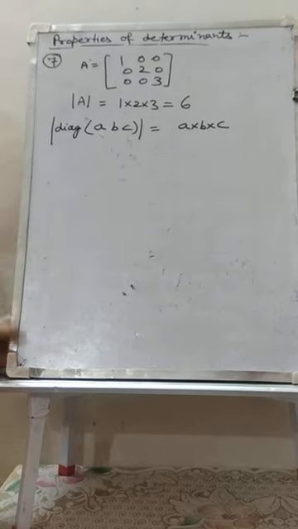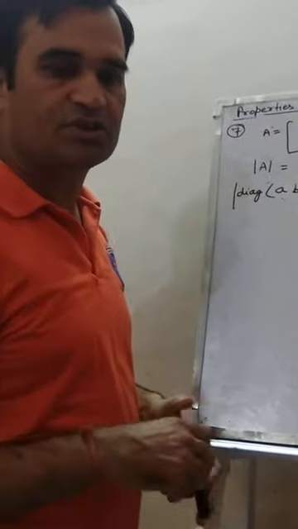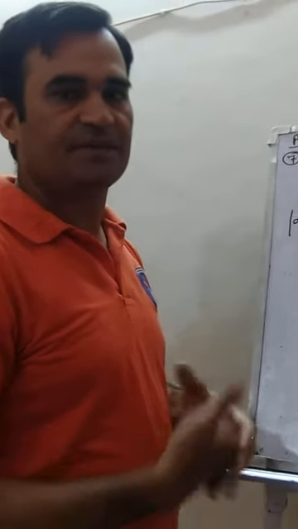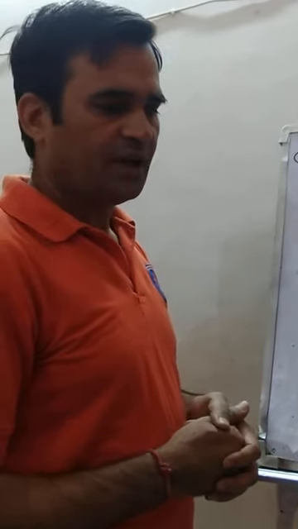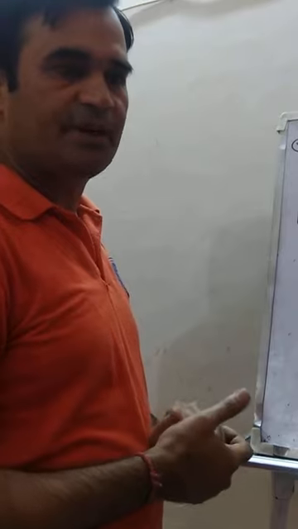So these are the properties that are very important, and with the help of these properties now we will solve some questions and we will see the calculation will become easier. And 1-2 points we have to keep in mind while applying these properties.